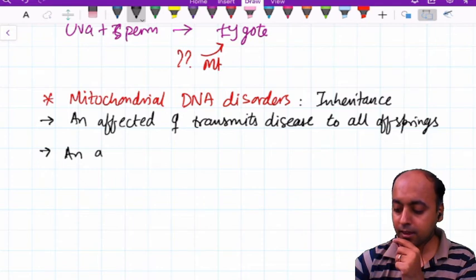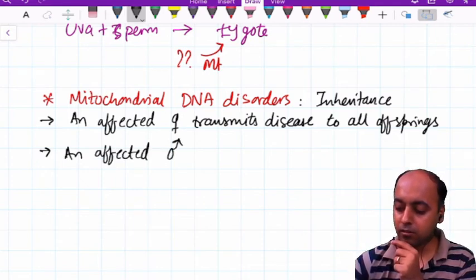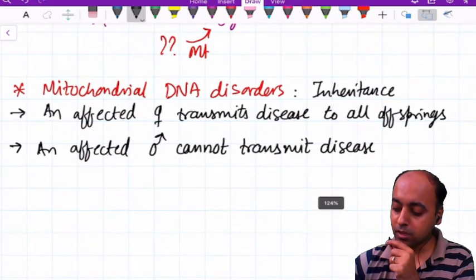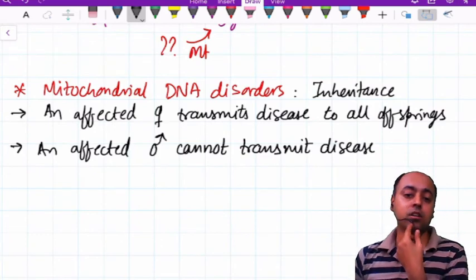whereas an affected male cannot transmit the disease.